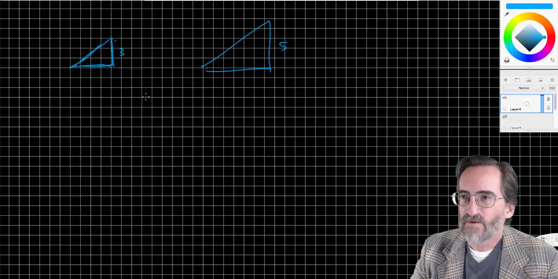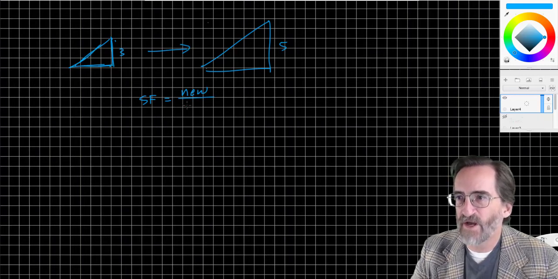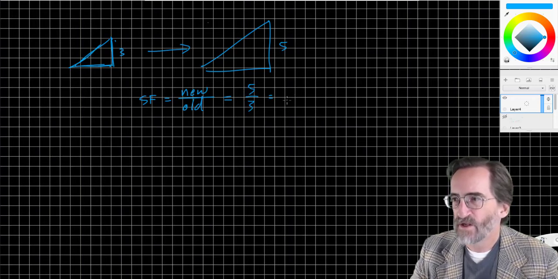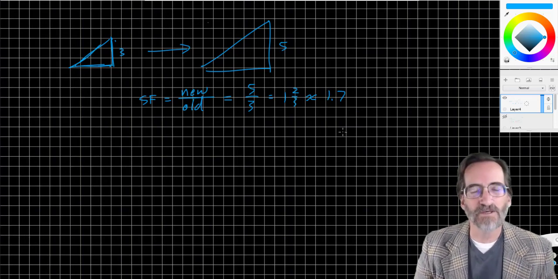The scale factor is the new dimension divided by the old. That's very important to get. So the scale factor of this dilation is 5 to 3, or 5/3. We would say that's 1 2/3, or approximately 1.7. So the new dimension divided by the old.